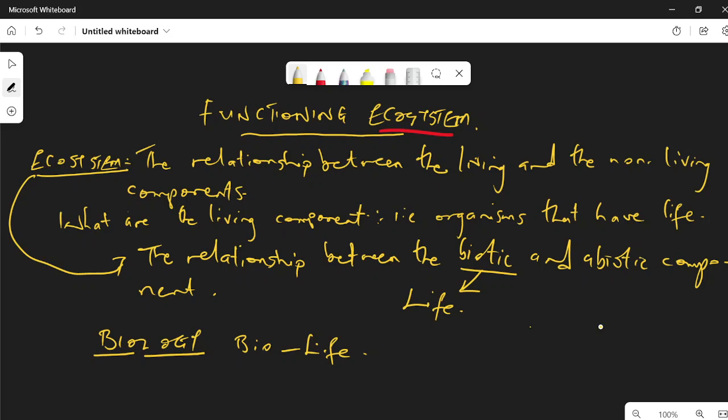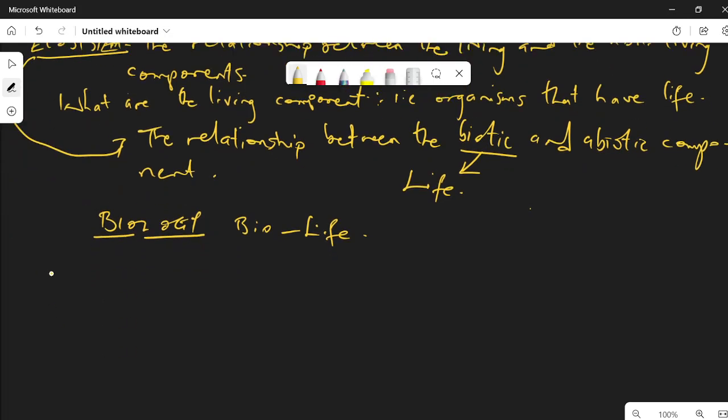So what is an ecosystem in a full definition now? An ecosystem is a basic functioning unit in nature.